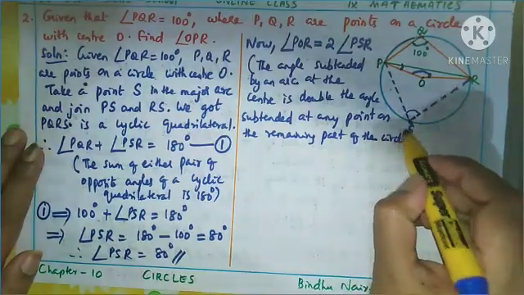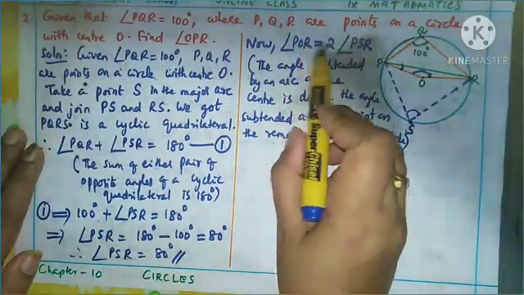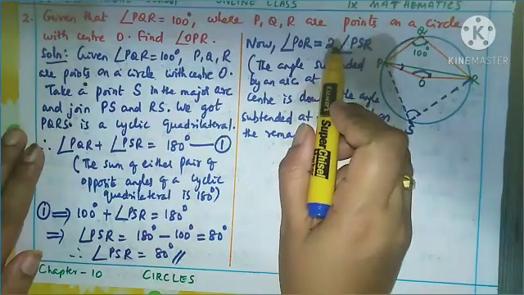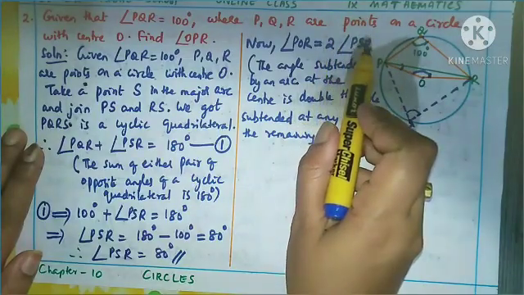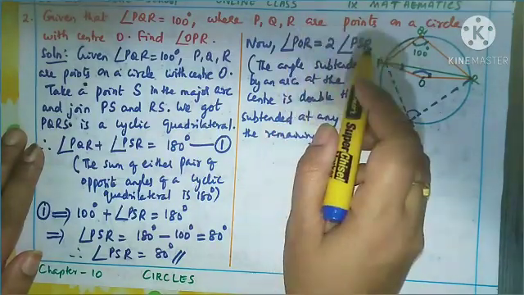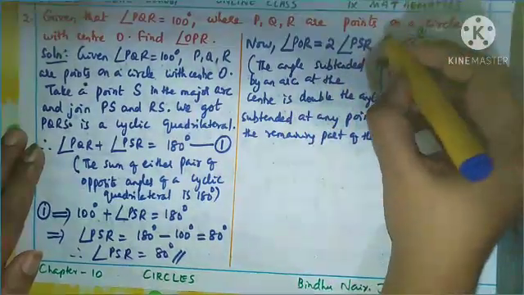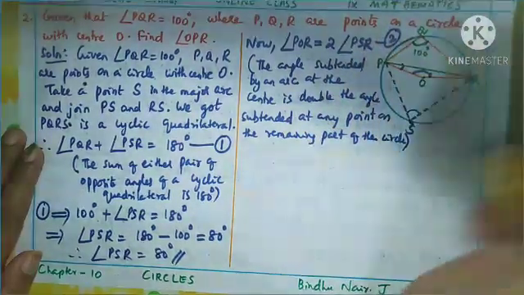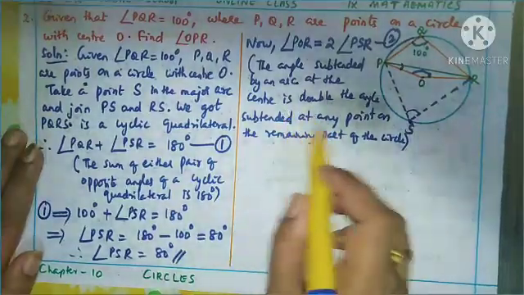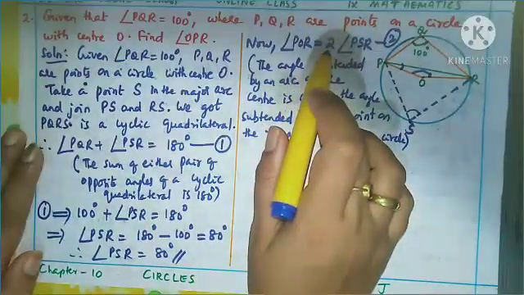So thus we got POR is equal to twice PSR. Let it be equation 2. So by this theorem we got this result.